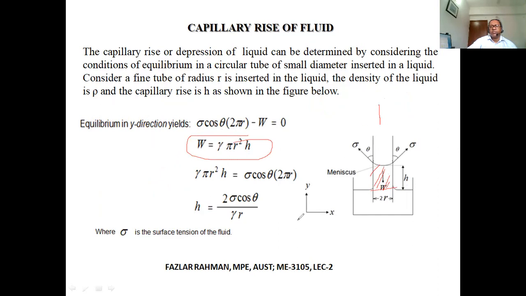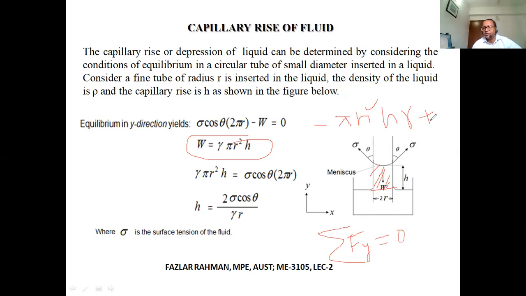If you think upward is the y-axis, we can say the summation of force along the y-axis has to be 0. So number one, the force working is weight, working downward. So we can say minus pi r square h gamma. And obviously the tension force is working upward, so that will be positive.